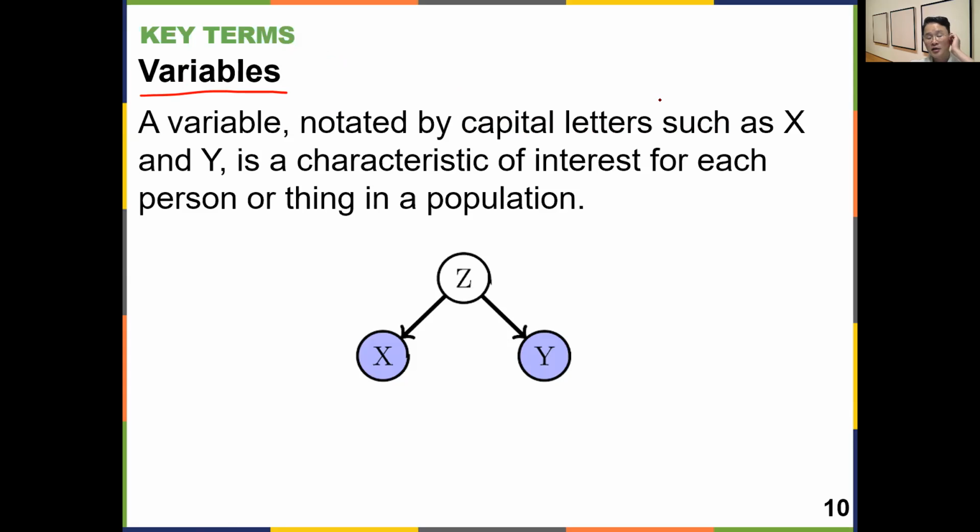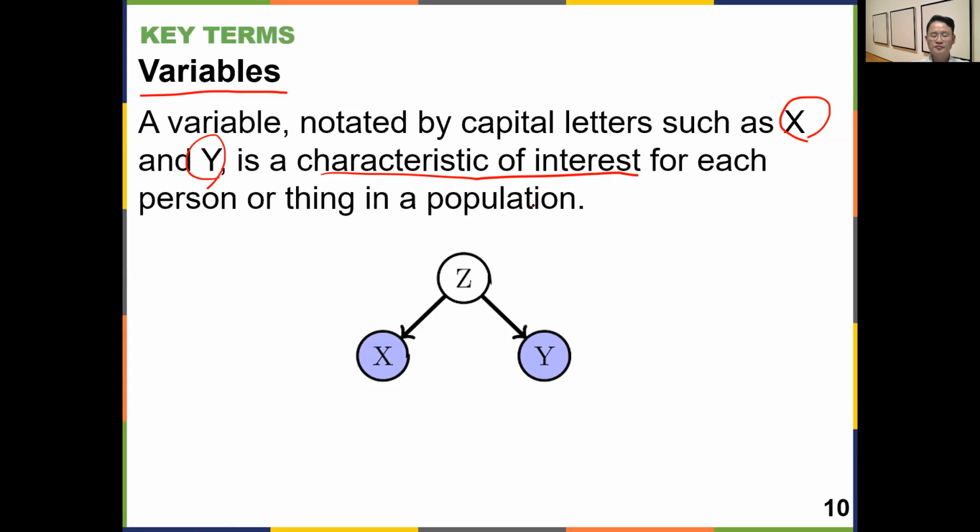Now, in statistics, that's pretty similar. So what is a variable? They usually use an uppercase letter, like uppercase X or uppercase Y, which is a characteristic of interest for each person or thing in the population.